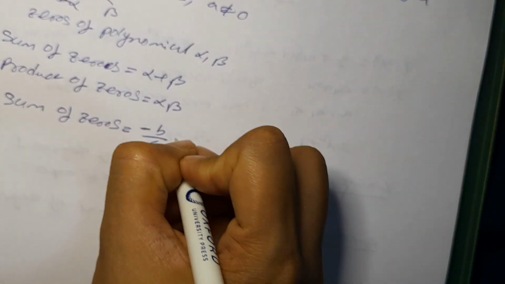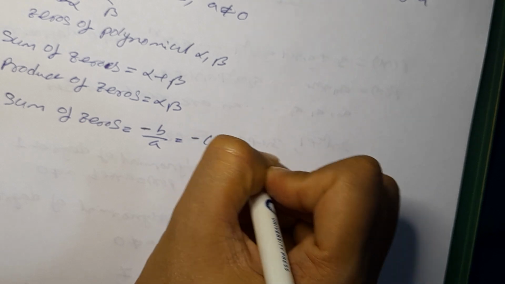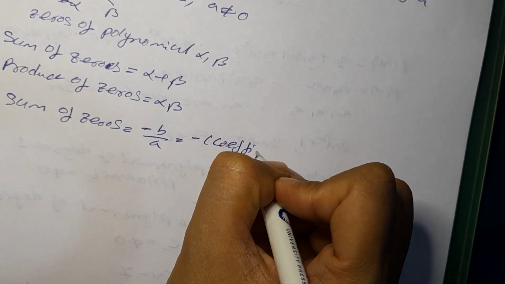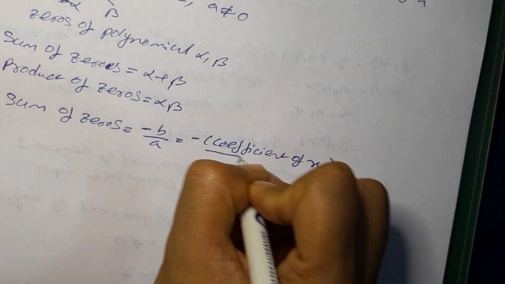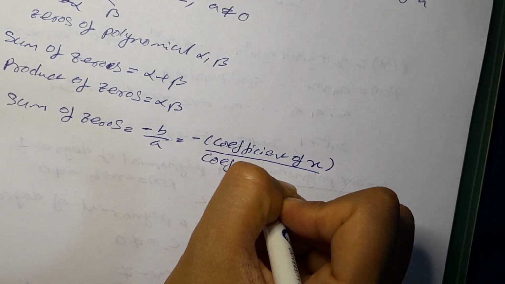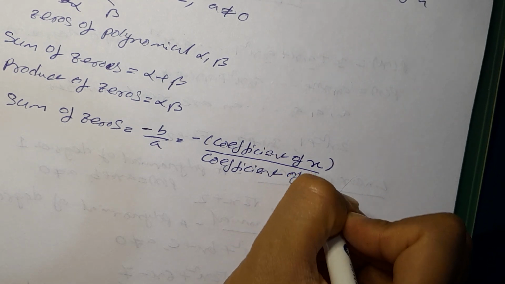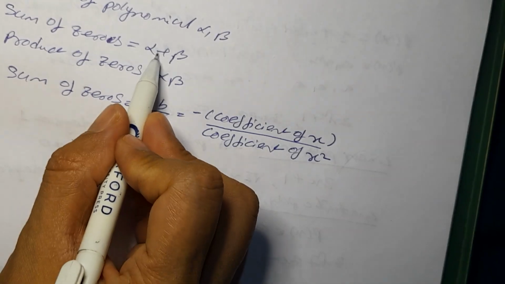It can be written as minus coefficient of x divided by coefficient of x square. This is the sum of zeros.